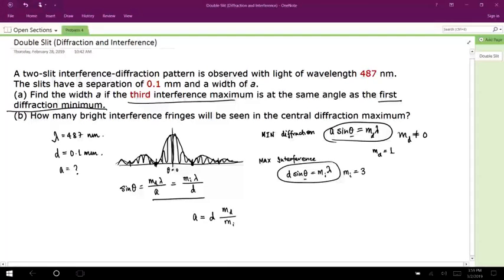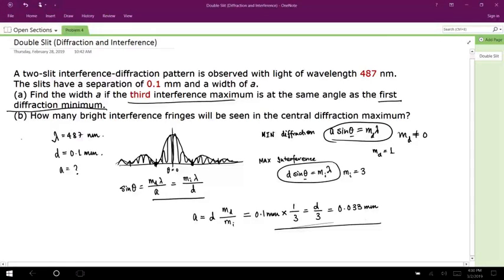So this is our answer without numbers. Now if I plug in numbers, d is 0.1 millimeter multiplied by m_d, which is 1, over m_i, which is 3. So this is 1/3 of 0.1 millimeter, or d over 3, which is equal to 0.033 millimeter.